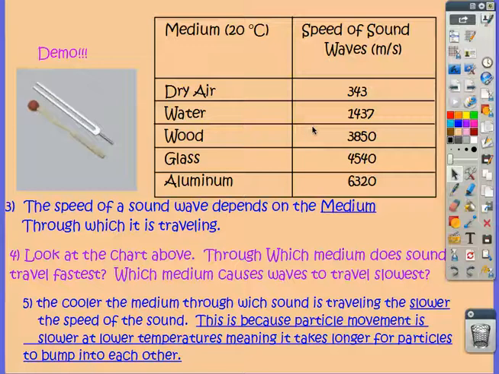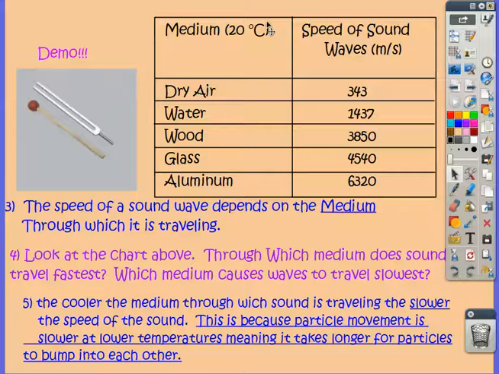So the speed of sound is determined by the medium that it's traveling through. We've talked about this with mechanical waves in general, how the medium itself will affect the rate at which sound travels. Now, we can look at these different substances, and we see that the solid, particularly aluminum, has sound travel fastest, where the gas has it travel slowest.